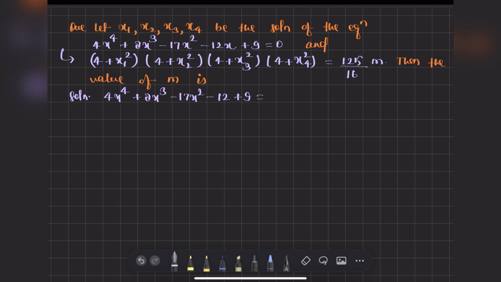And here x1, x2, x3, x4 are the zeros. So this is correct now. So can I write x minus x1, assuming x1 is a zero, x minus x2, x minus x3, and x minus x4.